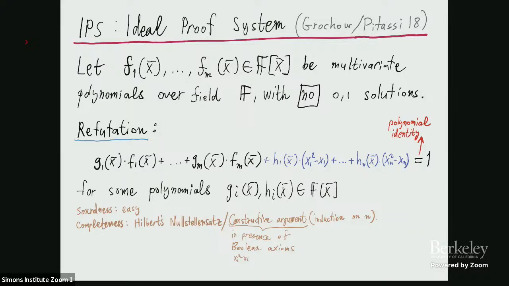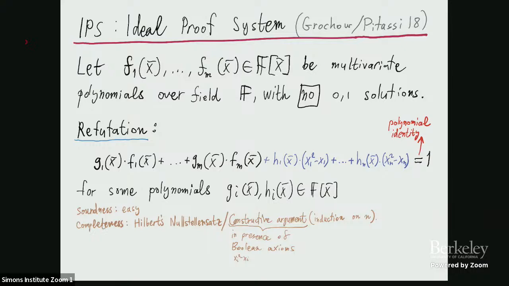These polynomials are multivariate with, let's say, n variables, x1 to xn, f1 to fm, in this polynomial ring over a field. It's not important now which one, but we have to fix a field F, with no 0-1 solution.